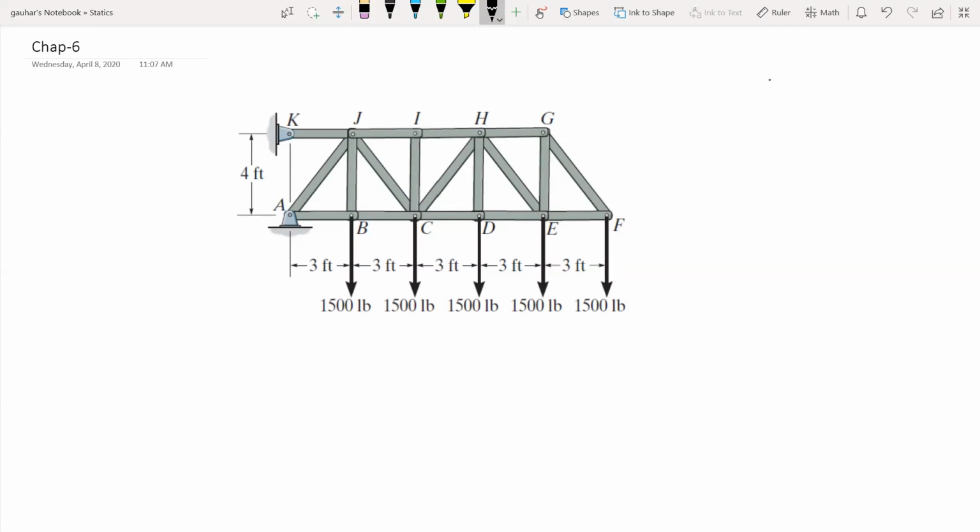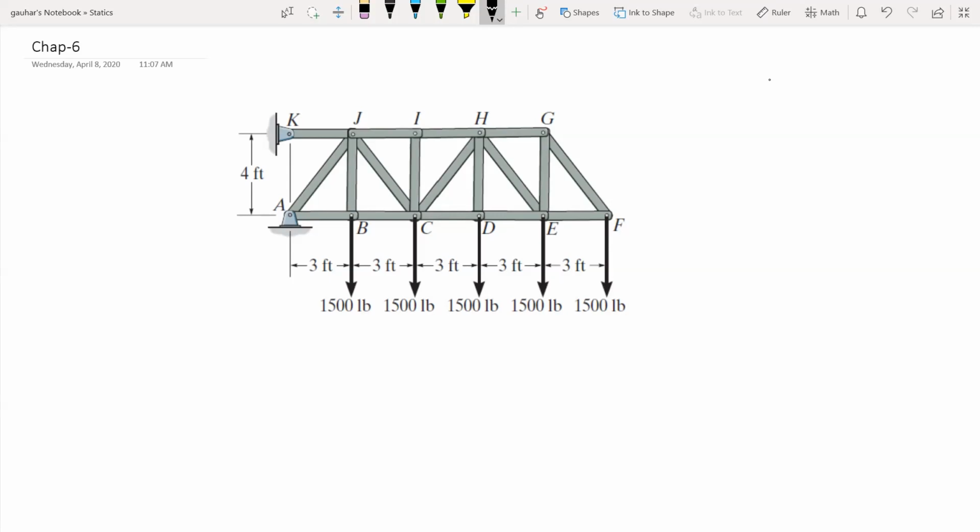On the screen you can see the first problem of your handout. We have this truss with two supports at point A and point K, and then four external forces, and a number of members. If you go through the statement, determine the force in members CD, HI, and CH. There's a typo in the third member, this is CH.